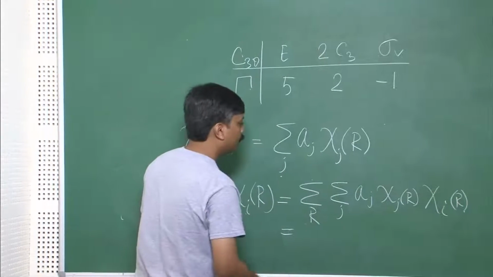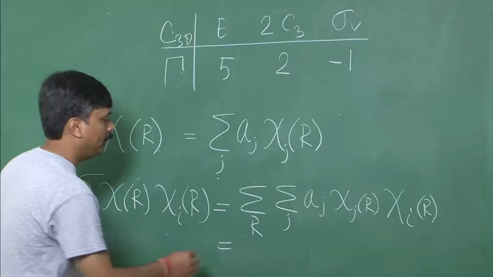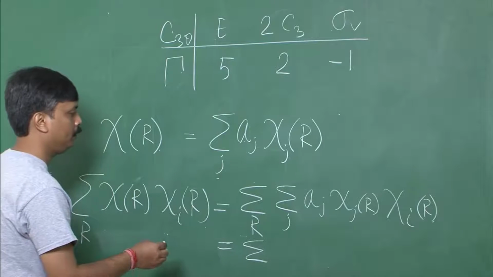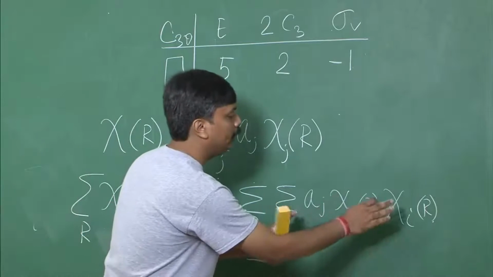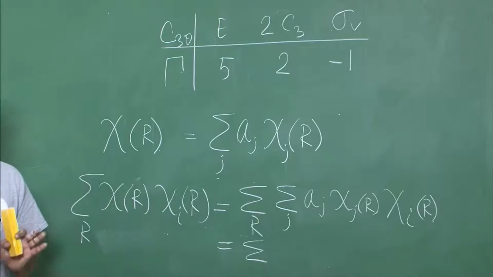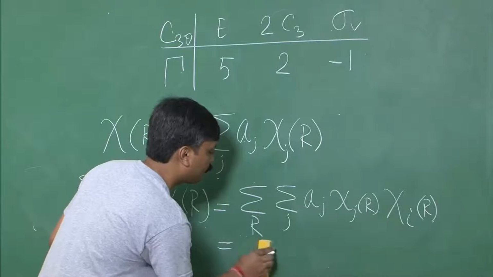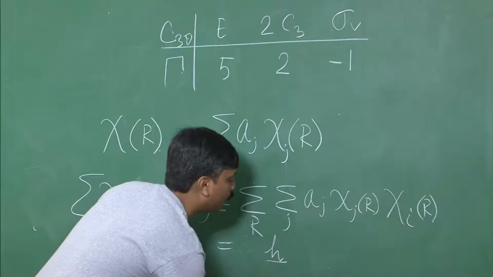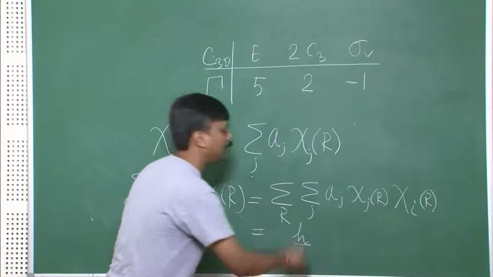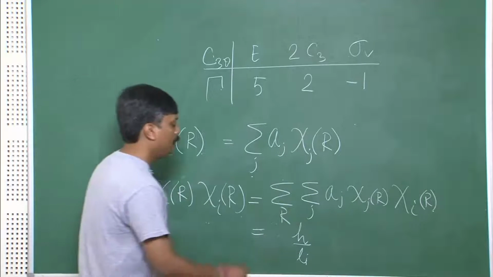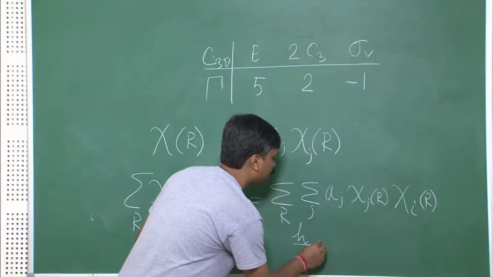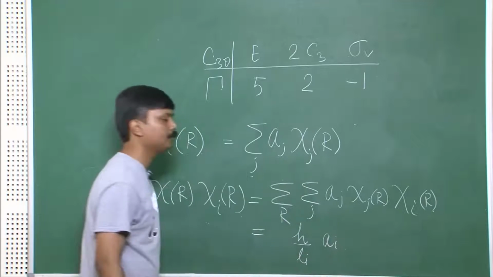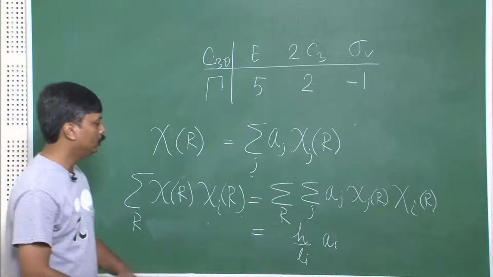So therefore, what I can write is, only that will survive, and that will yield a particular value, which is h over the dimension li into Ai, right.